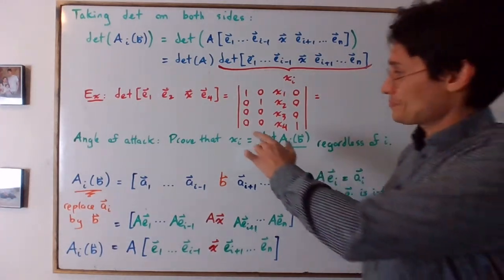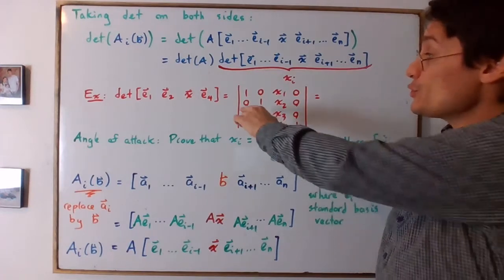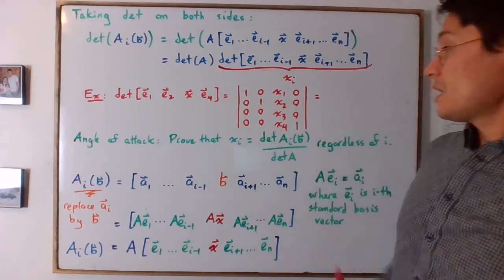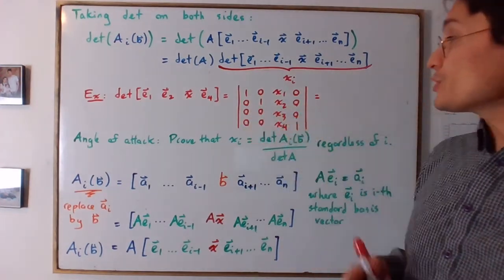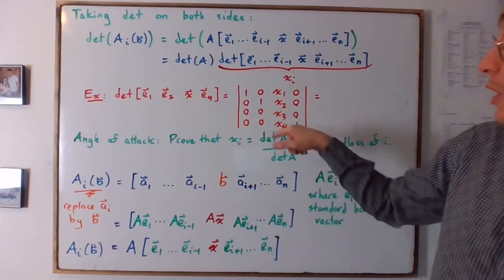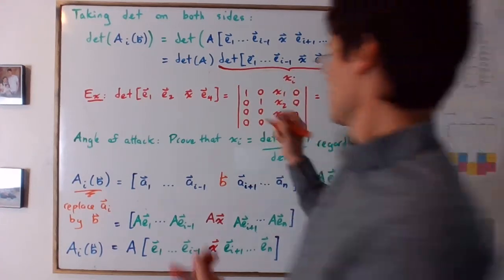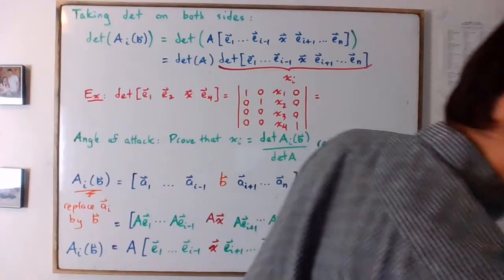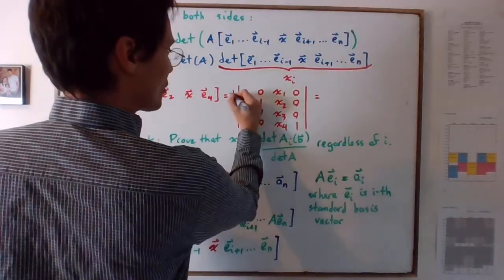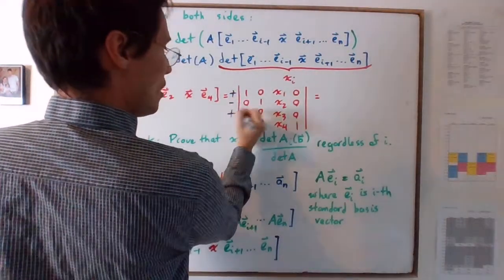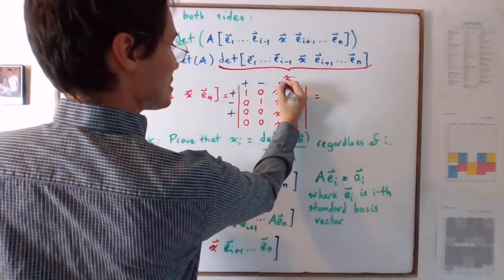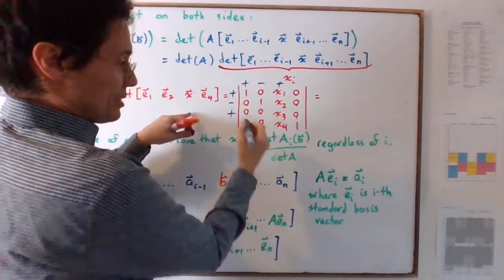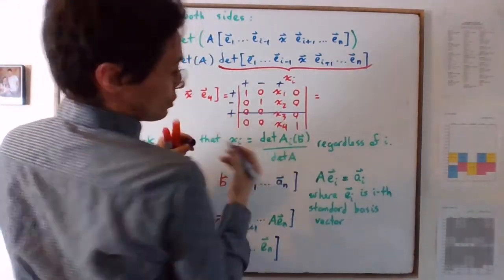Well, if we just do the cofactor expansion across the third row, and I'm going to color code in purple here, with signs plus, minus, plus. In other words, you do the cofactor expansion across the third row.